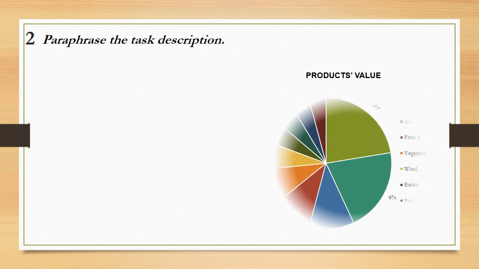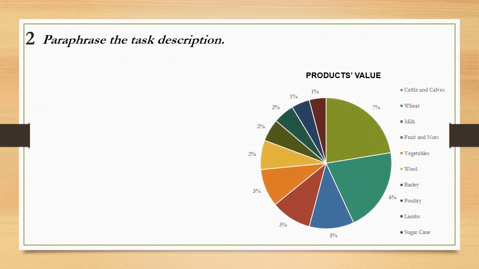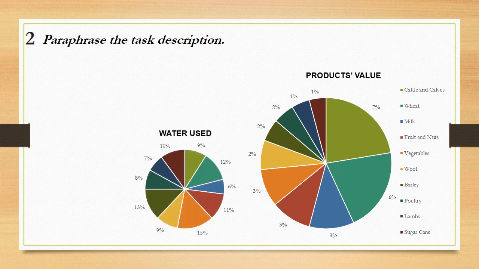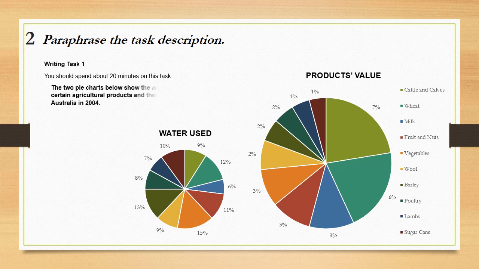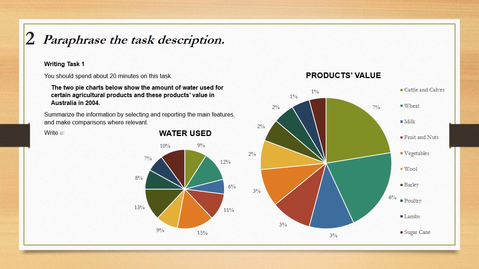Don't forget that when you do this, you do them quickly, as you don't have the luxury of time. You only got 20 minutes to tackle task 1. After analyzing the graph, paraphrase the task description. Task description is that sentence that tells us what the graph is all about.